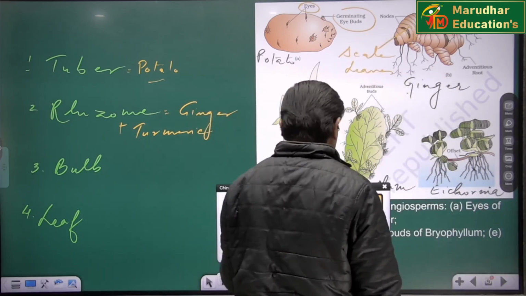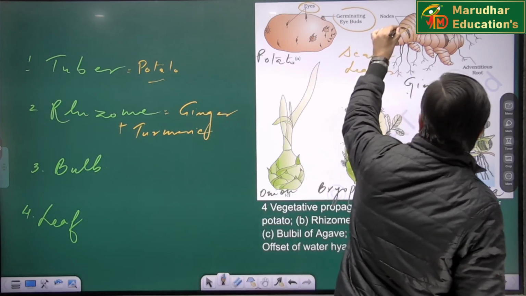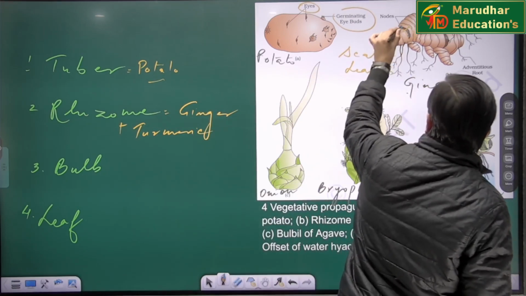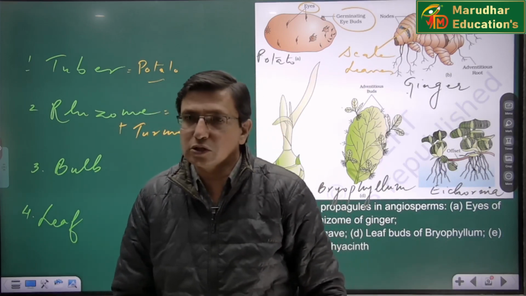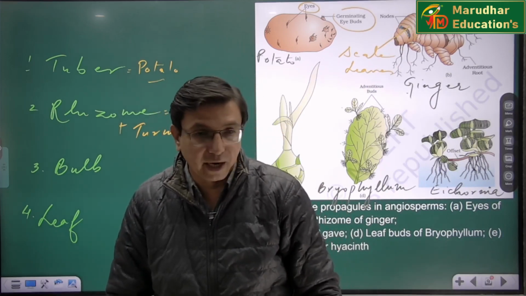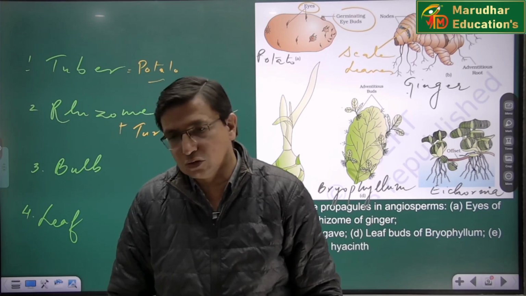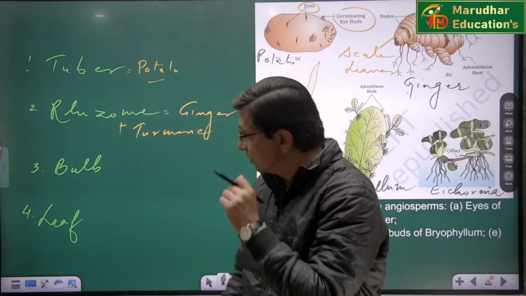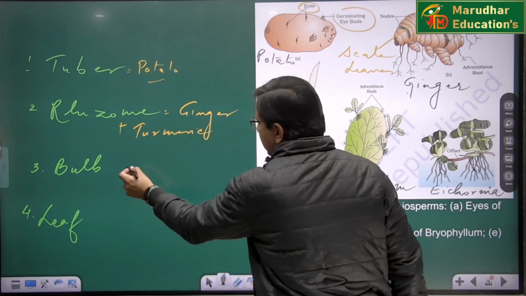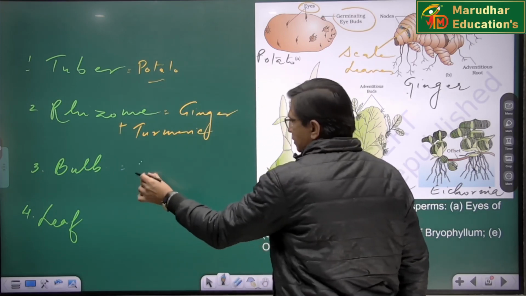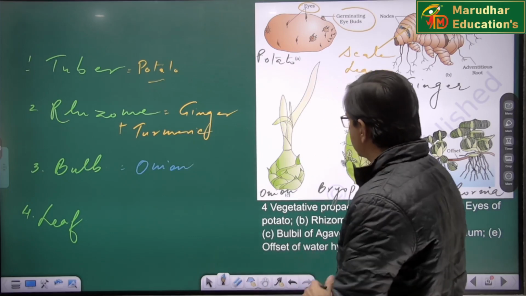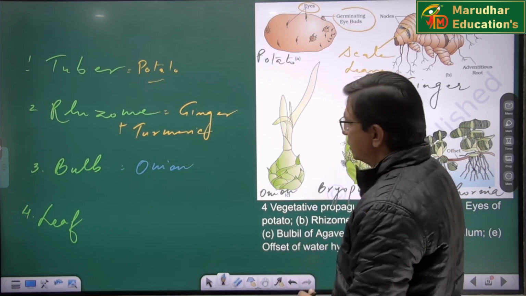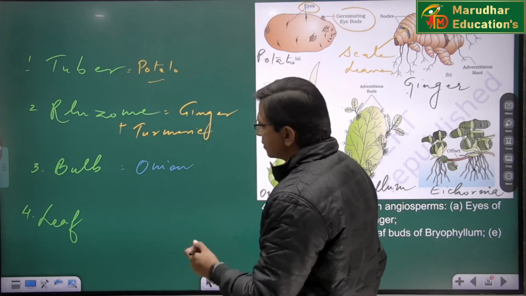So here we have what? I should make a small vegetative bud for you here. In the axil of leaves present on nodes of underground stem, you have buds. These buds can give rise to new plants. Similarly, we have bulb. Bulb is there in case of onion, right? And this bulb is a reduced stem.